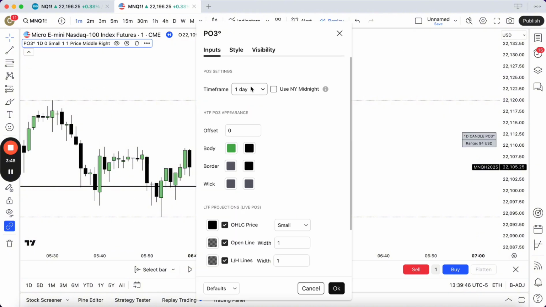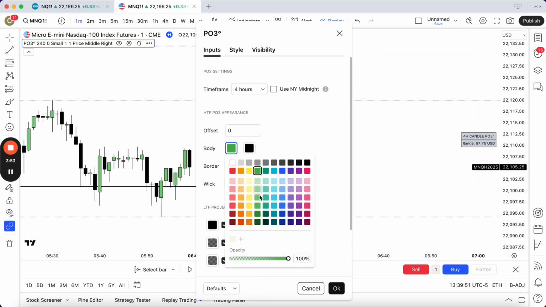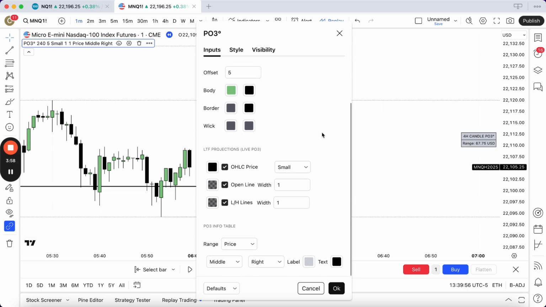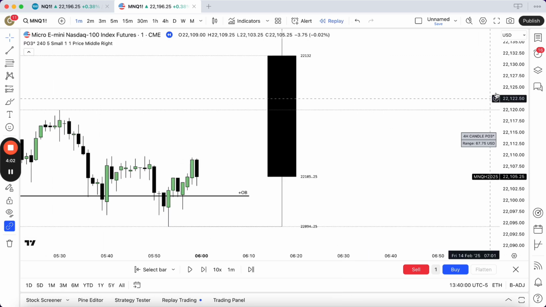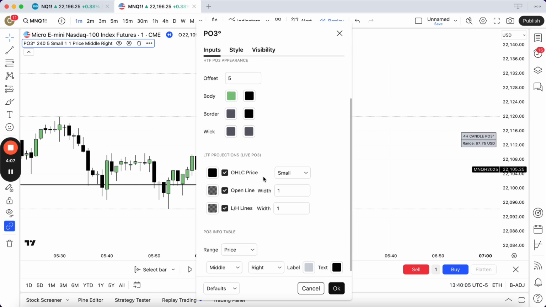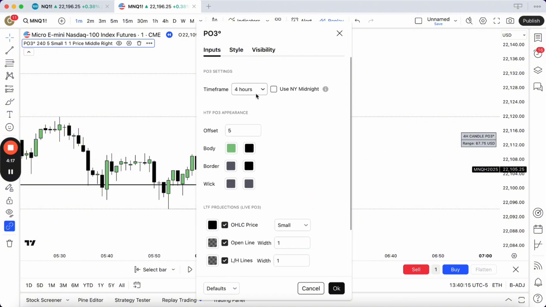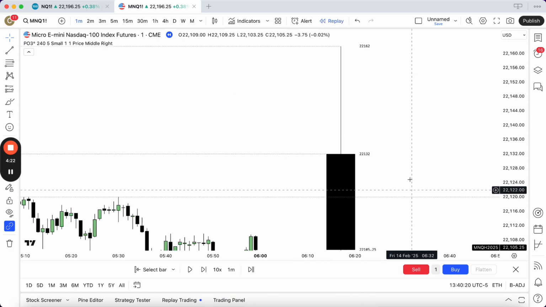I'm going to put the 4-hour, and make it the same as my chart color, and then offset it by like 5. I don't like having this thing on here, so let me edit this off. Okay, there we go.